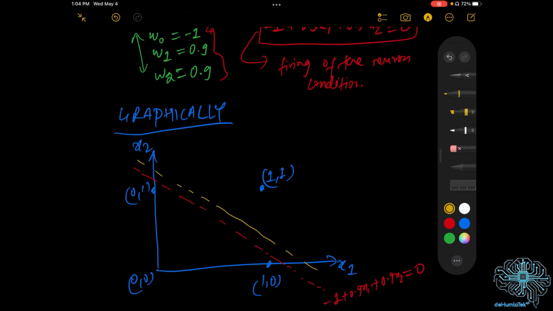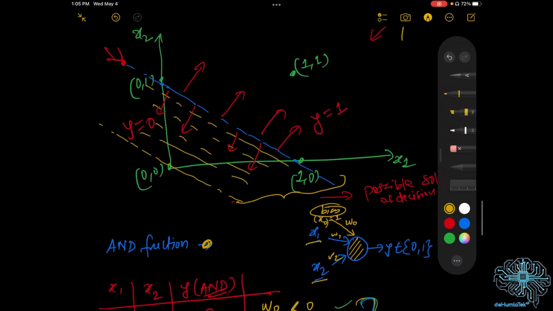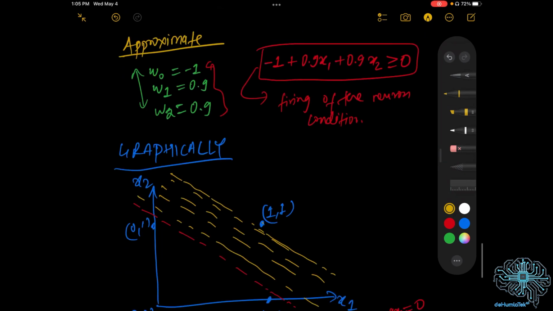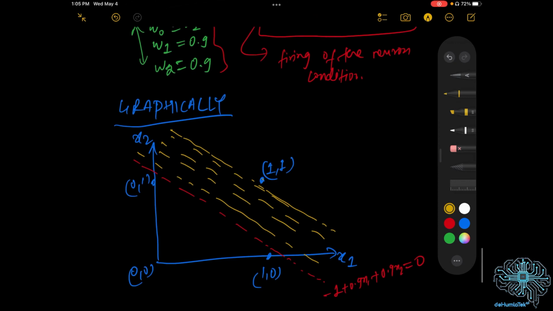So it can be this equation, this, or any of these, but it cannot cross this point, and it cannot exactly pass through this point, so it can be just near that point. I forgot to mention earlier, for the OR gate the boundary doesn't exactly pass through this point either, it goes a little bit closer to it. So these are the only possible boundary solutions to make that perceptron work as an OR gate.